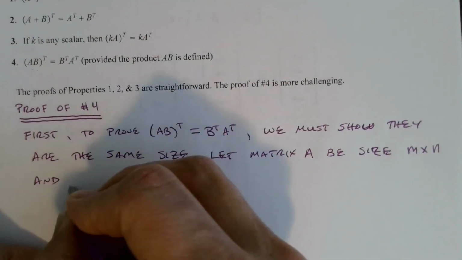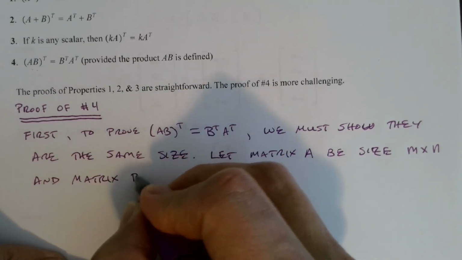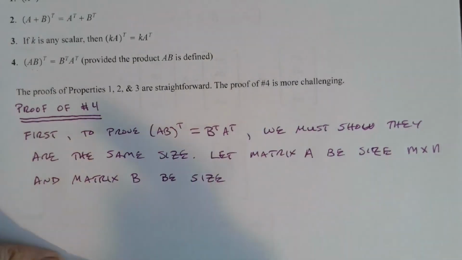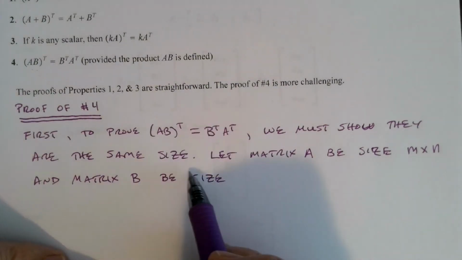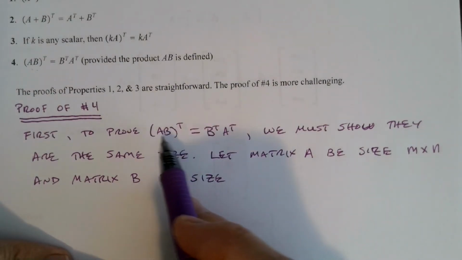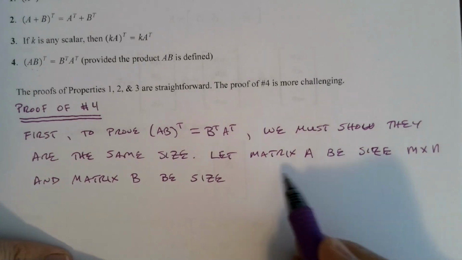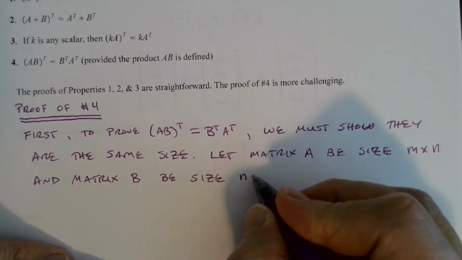And I need to clearly define matrix B's size. Well, now we do have a little restriction, because A times B is supposed to be defined. If AB is defined, then the number of columns of A has to be the number of rows of B. So these inner numbers, remember, have to match.